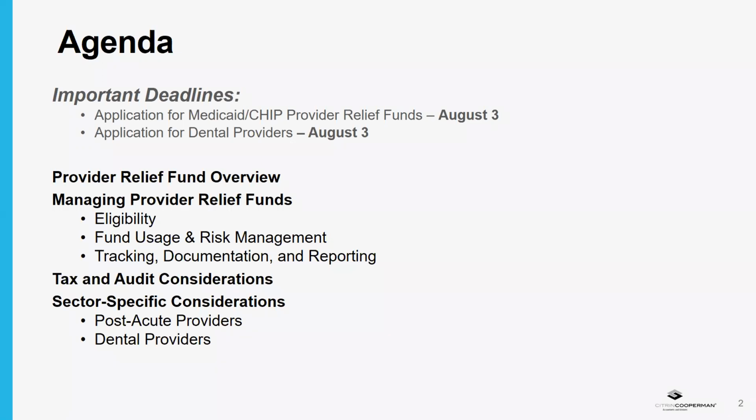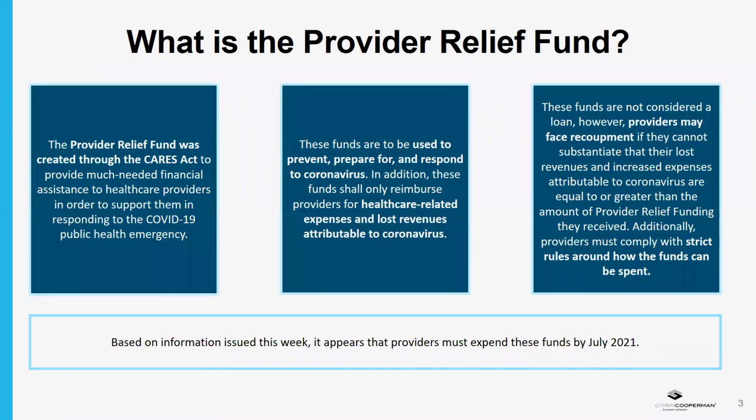And then we're going to spend a little bit of time at the end also speaking to tax and audit considerations associated with the provider relief funds, and some sector-specific considerations for post-acute care providers and dentists. I'm going to now pass it over to my colleague, Kate Broderick, who is going to give some of the basic overview of the provider relief funds, and we'll go from there.